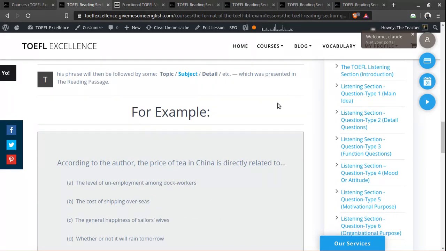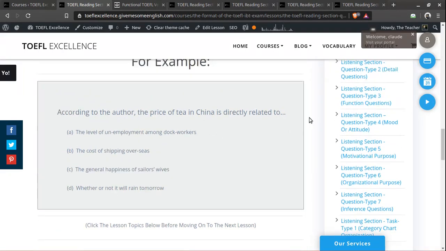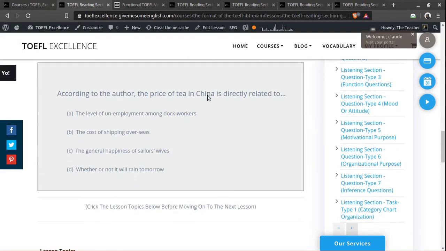Obviously, it's factual information. Here's an example of the factual information and detail question types. According to the author, the price of tea in China is directly related to, and then you have a few different examples here. This is just a made-up one that's not with any actual reading passage, but this is an example of how this question type will look on the exam.